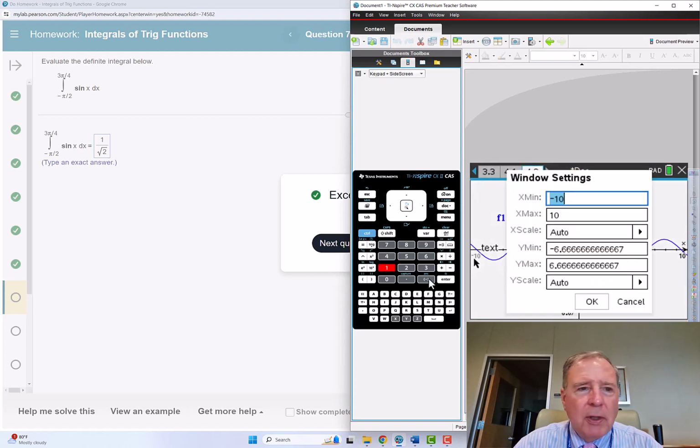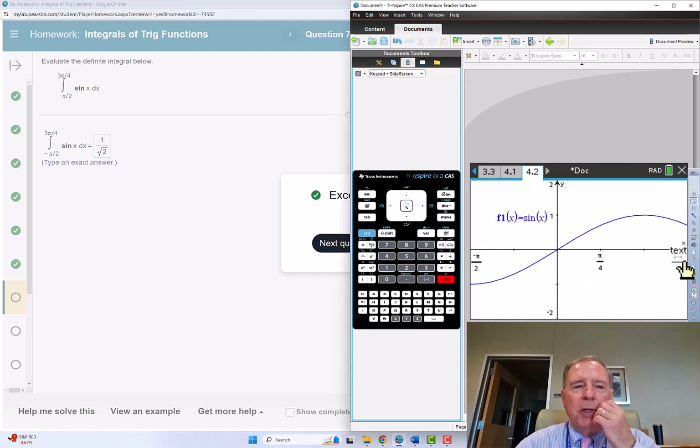I'm going to go like negative pi divided by 2 to 3 pi divided by 4. And let's go tick marks every pi divided by 4. And I'm going to go like negative 2 to 2 by 1s.